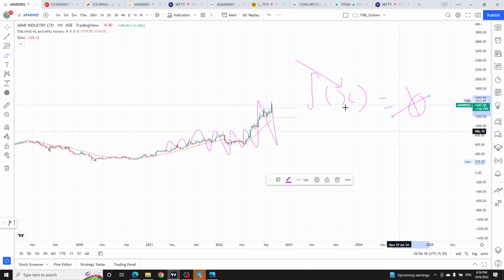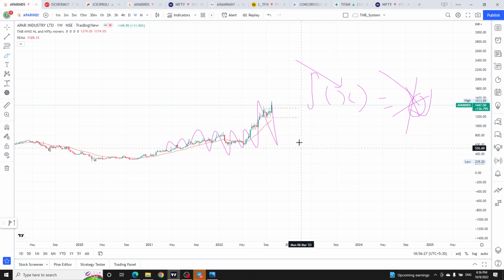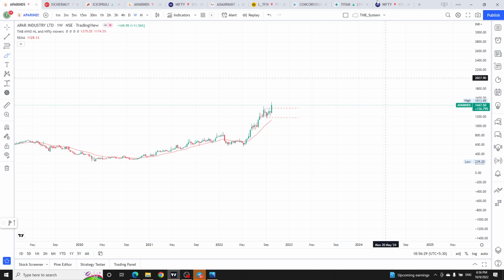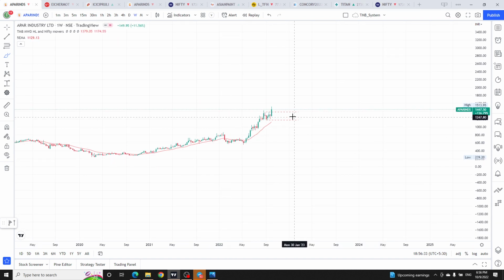That means we are taking non-linear data and trying to make it linear, which is wrong. That is the reason technical indicators fail most of the time, and they have their own disadvantages. That is why I mostly avoid technical indicators.